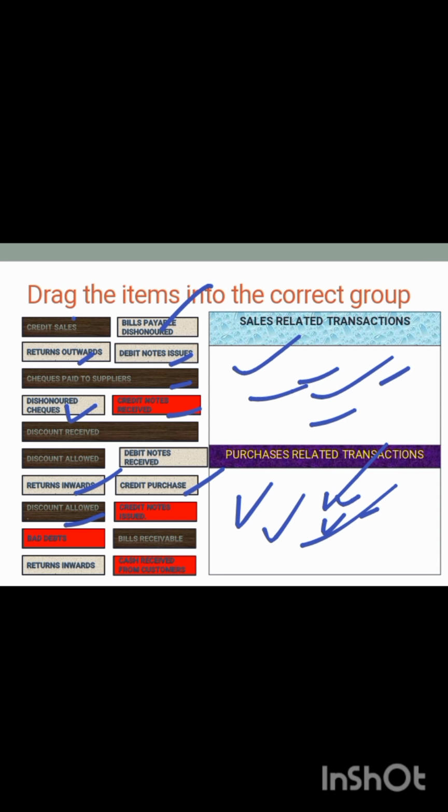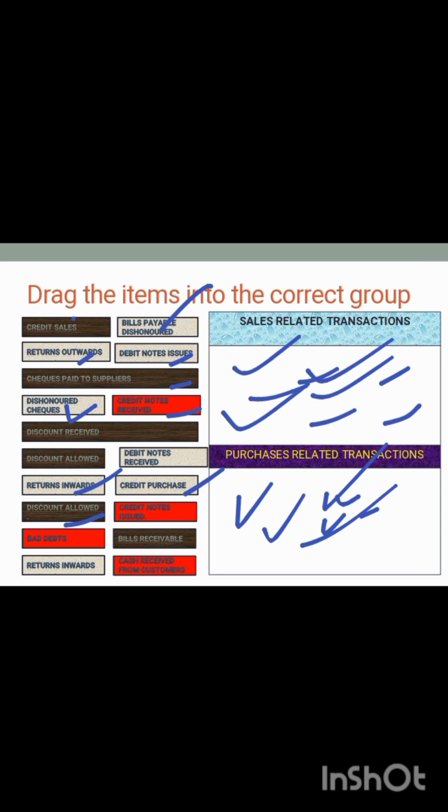Then we have bills receivable. You can only be expecting the bill when you have sold out. And then return inwards, that has been treated. Then also cash received from customers. The word customer indicates sales.